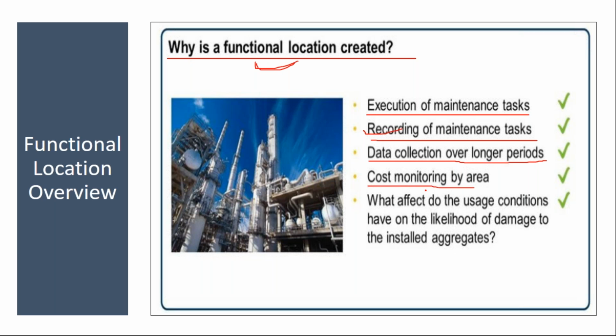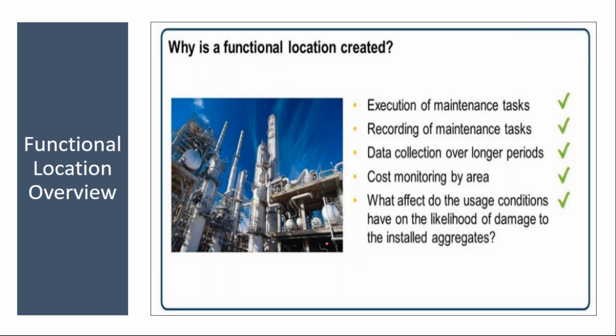Cost monitoring by area. Let's say I want to see for my department what is the total cost incurred for maintenance activity. If you want to see it at area level, then you need a functional location. What effect do the usage conditions have on the likelihood of damage to the installed aggregate? To monitor this also, you need a functional location.